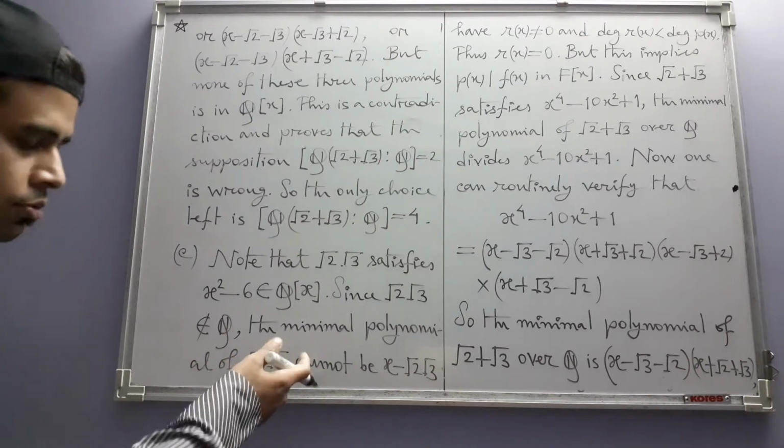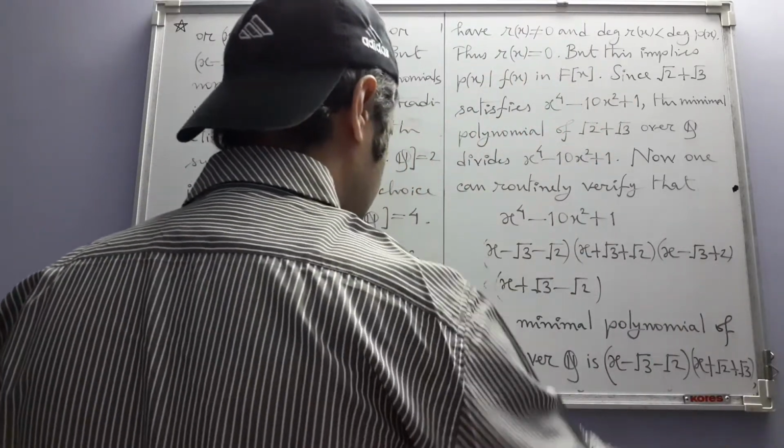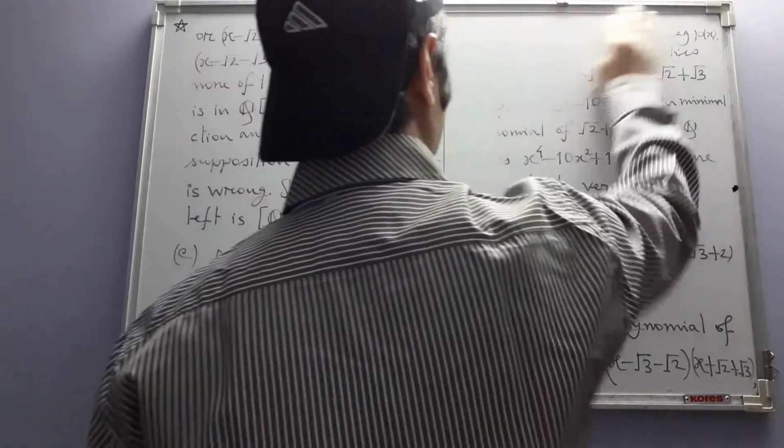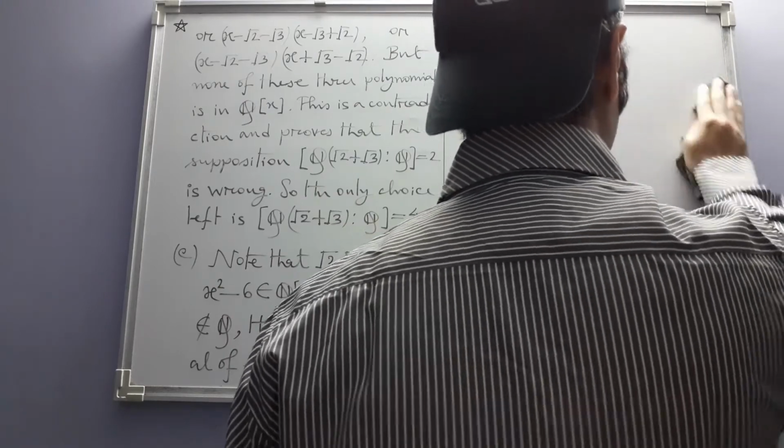Polynomial of this over Q, that is understood from the context, it cannot be this. So the degree is 2, it cannot be 1.